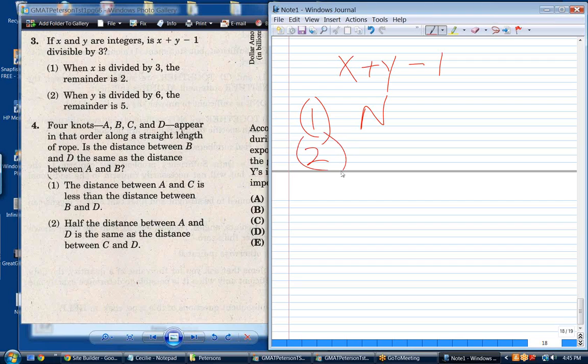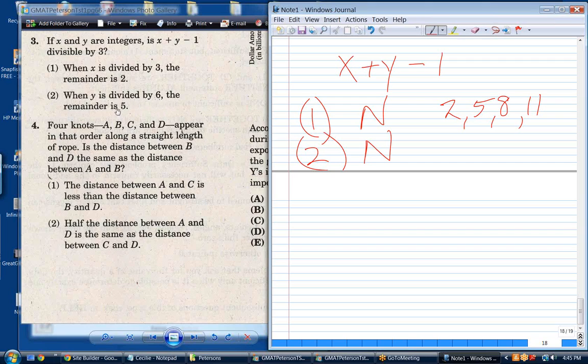And statement 2 is no, because it doesn't say anything about x. Same logic. So now to figure out whether both of them work, let's start picking some numbers. Well, x could be equal to 2, 5, 8, clearly numbers separated by 3.